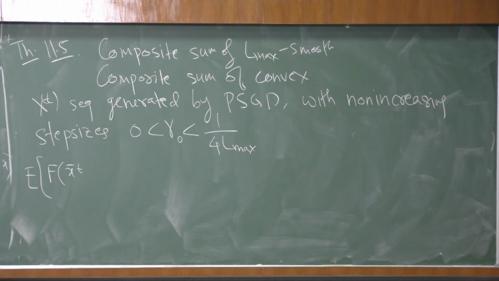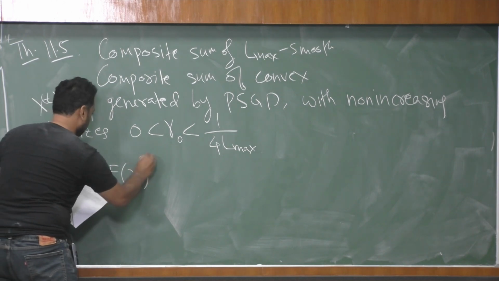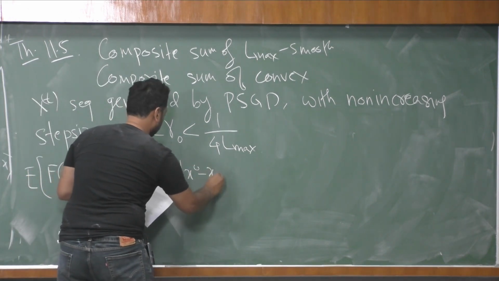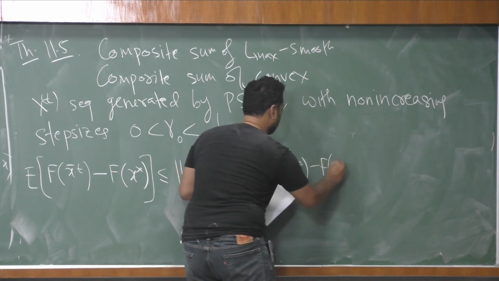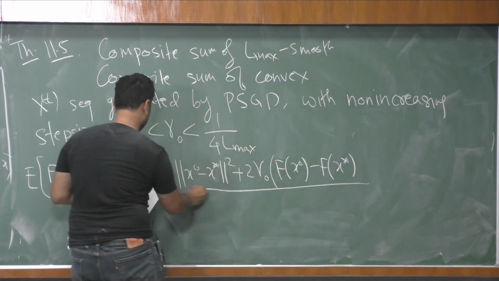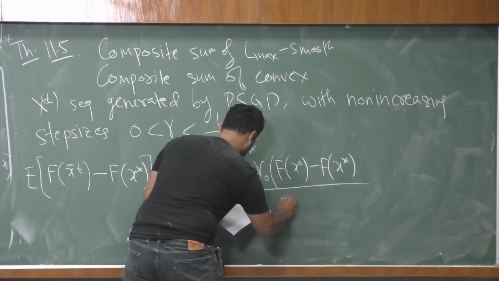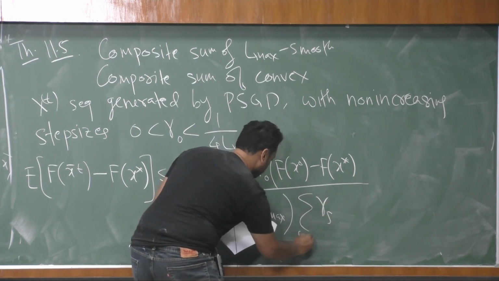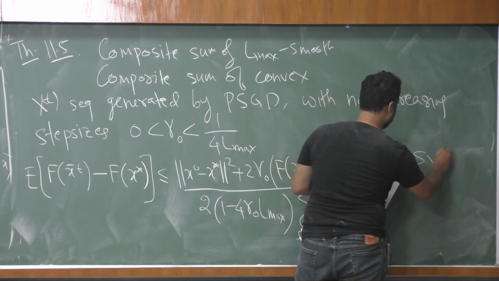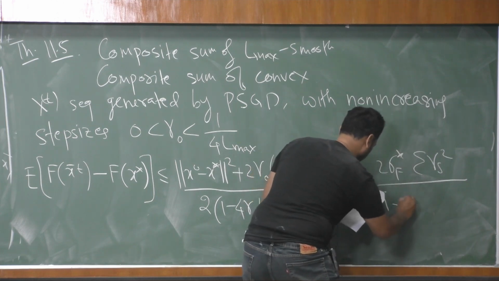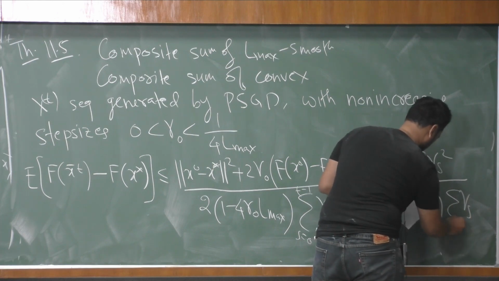Again we are now proving results for the average, so these are average iterates. f(x bar) minus f(x star) is less than or equal to the norm of x naught minus x star squared plus 2 gamma naught (f(x naught) minus f(x star)), divided by 2 times (1 minus 4 gamma naught L max) times the sum of gamma_s from 0 to t minus 1, plus 2 sigma star squared times the sum of gamma_s squared, over the same denominator with 4 gamma naught L max and the sum of gamma_s from 0 to t minus 1.